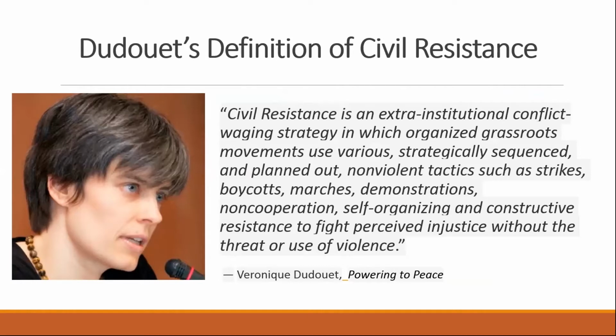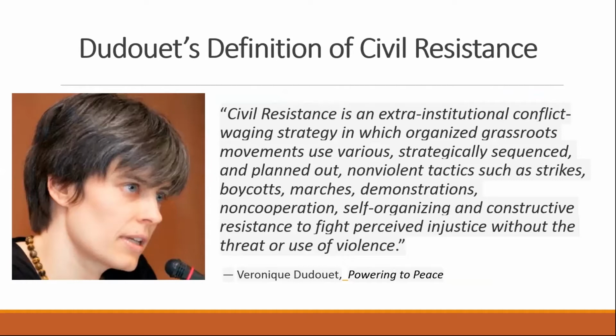And it's a conflict waging strategy in which organized grassroots movements use strategically sequenced and planned out nonviolent tactics such as strikes, boycotts, marches, demonstrations, various forms of non-cooperation, and also self-organizing and constructive resistance, building alternative institutions, to fight perceived injustice without the threat or use of violence.